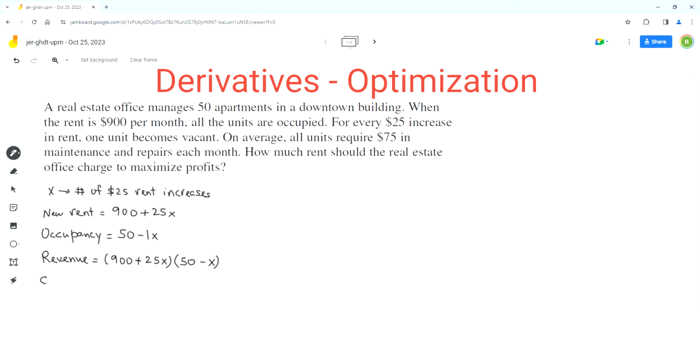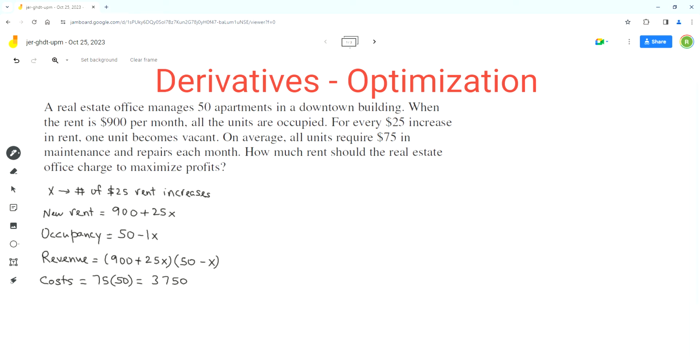Now we are also given the cost per month for each unit, and each unit requires $75 of repairs and maintenance each month. So there are 50 units in total. So the total cost will be 75 times 50. So the total cost is 3,750.